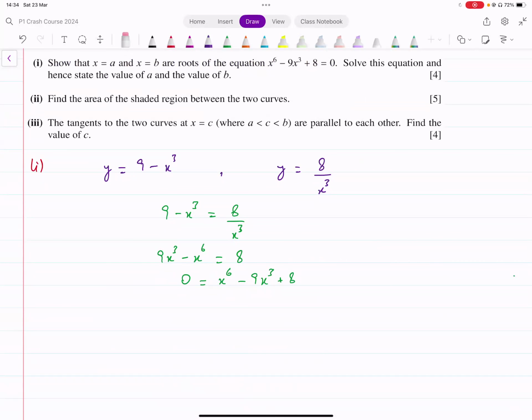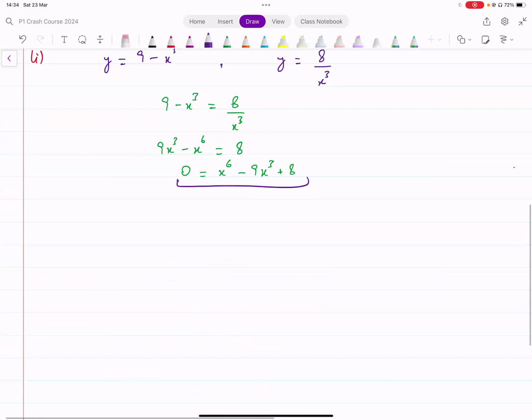How do you solve this equation now? It's x power 6. Do we know how to solve x power 6 equations? How do we solve this equation? Any idea? The substitution. Yes, you can see we do not know how to solve any equations that have powers greater than 2.